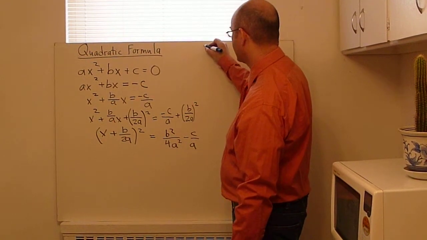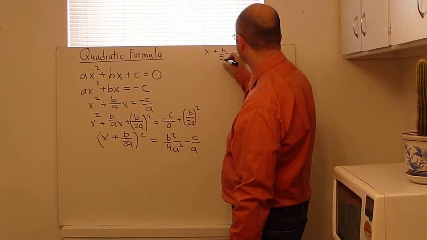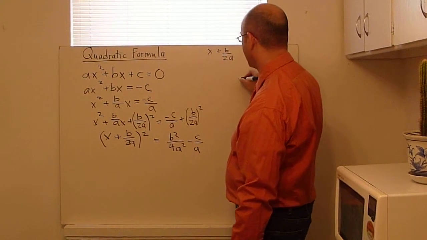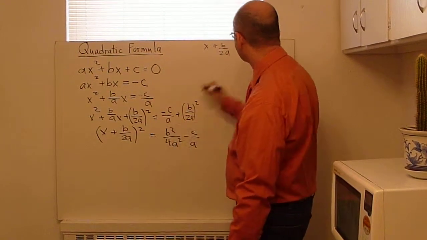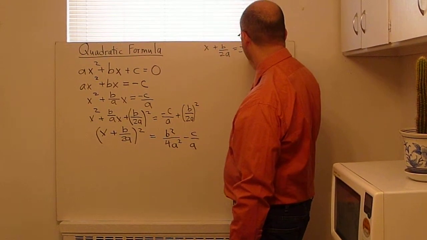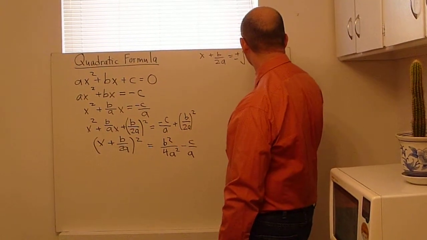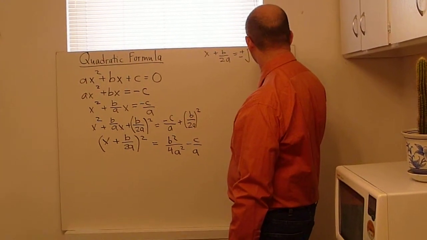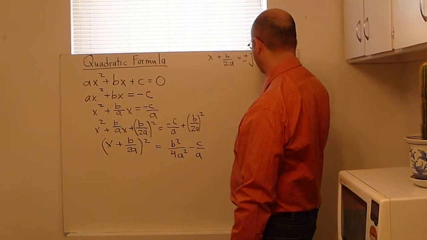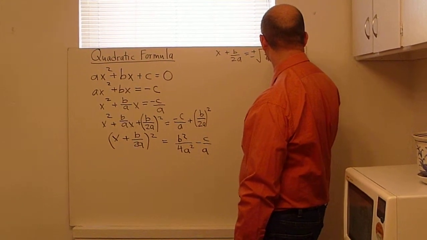So this will give us x plus b over 2a, and since we're taking the square root, it's going to give us plus or minus the square root of this thing over here, b squared over 4a squared minus c over a.